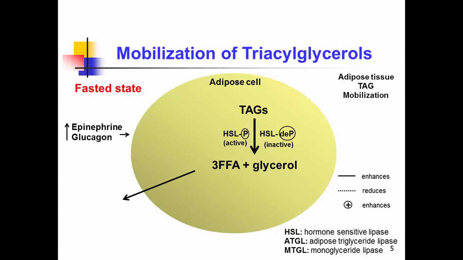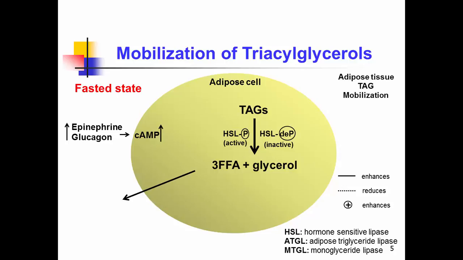And as I just said, during the fasting condition, the epinephrine and glucagon levels are increased, right? Insulin levels are decreased. So epinephrine and glucagon basically are the catabolic hormones, right? They can stimulate cyclic AMP increase. Again, I just wanted to remind you that cyclic AMP is related to catabolic metabolism, right?